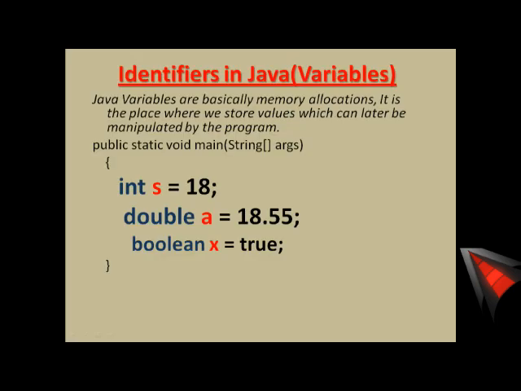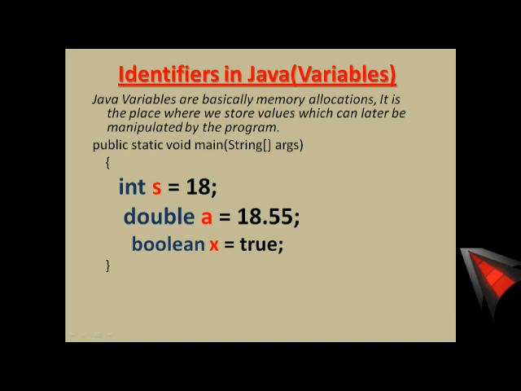Let's look at how we are writing these identifiers. These are the variables, basically for memory allocation. It is a place where we store some value which can later be manipulated by the program. Like here you can see we are writing int s equal to 18, which means s is an integer type of variable, int data type, which is storing the whole number 18.